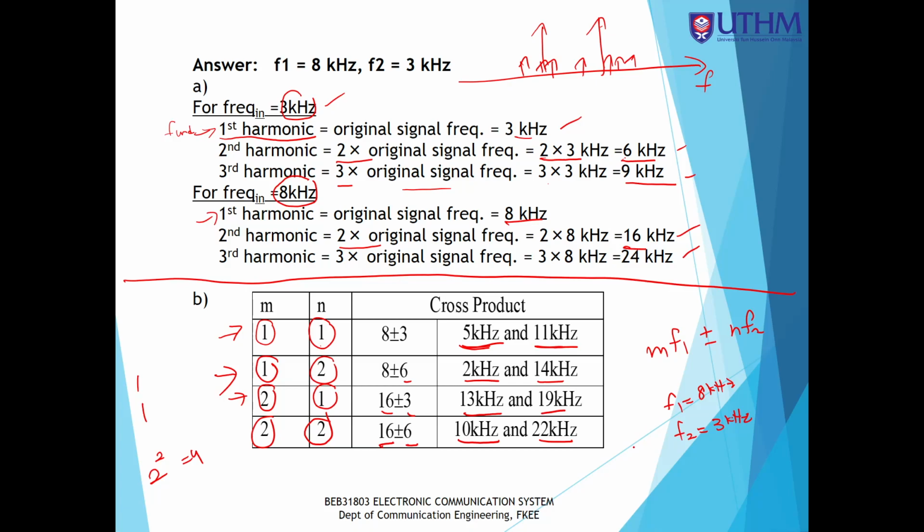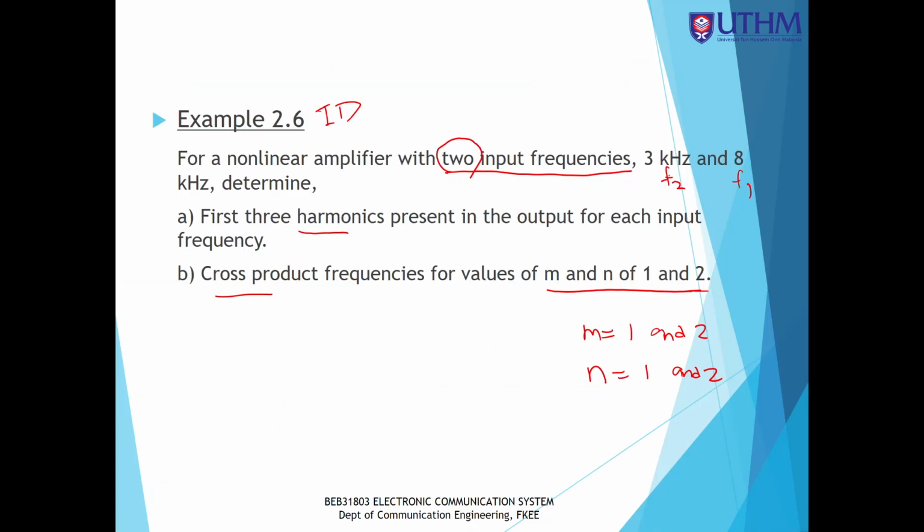In previous semesters, a few semesters ago, we asked this question where we use M and N as 1 and 2. Up until now we use the same M and N in the example.